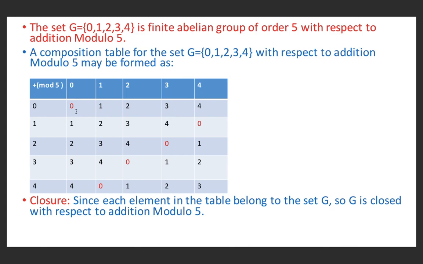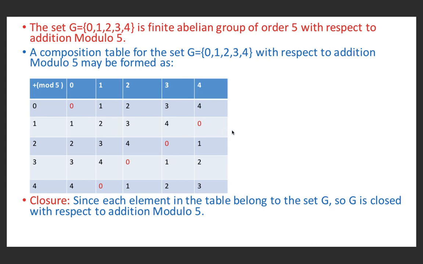If we divide it by 5, the remainder is 0. 0 plus 1 is 1. When we divide it by 5, the remainder is 1. Similarly, 0 plus 2 is 2, the remainder will be 2. 0 plus 3 is 3, the remainder will again be 3. 0 plus 4 is 4, the remainder will be 4 when we divide it by 5.